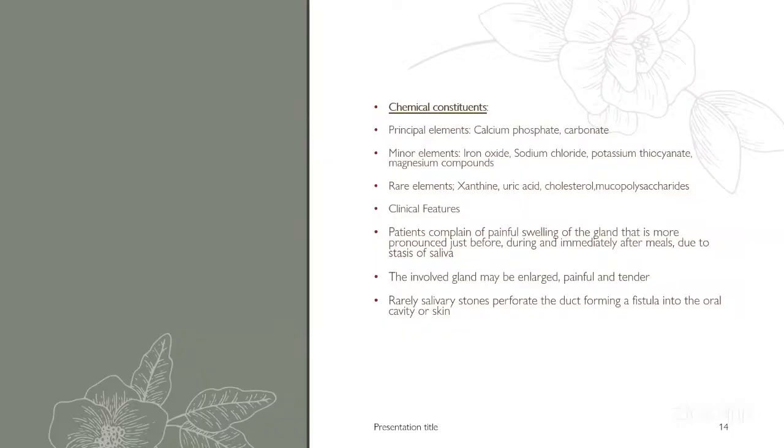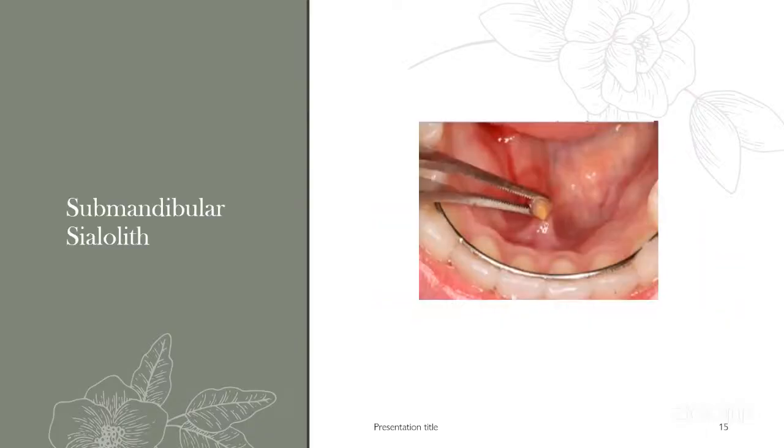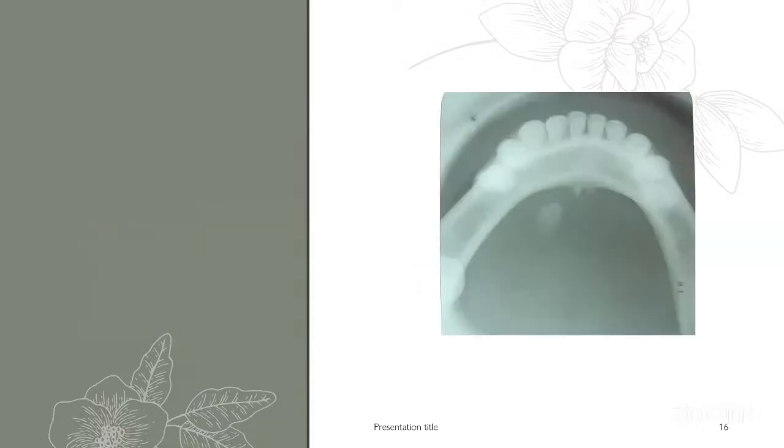And this is due to the stasis of saliva and the increased salivary secretion on eating food. And the involved gland will be enlarged, painful, and tender on palpation. And if the stones are large enough, they can perforate the duct, forming a fistula into the oral cavity. This is a submandibular sialolith. So this is a mandibular occlusal radiograph, which shows the sialolith.